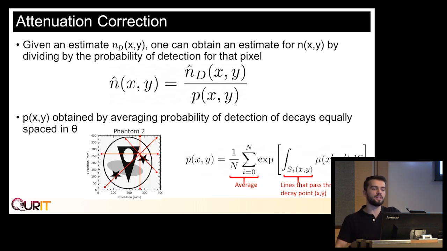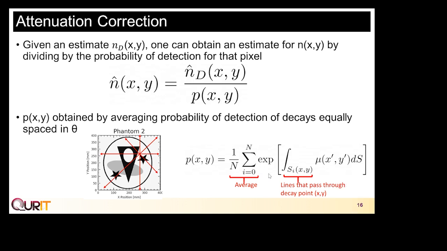And the question is, how do you get p of xy? Because you know nd, you just need p. And so p is obtained by averaging the probability of detection of decays equally spaced in theta. So I pick a point, xy, and then I look at all these integrals along all these various lines, and I take the average, and that's what's expressed here. This 1 over n, sum i equals 1 to n, is just an average that shows up all the time.